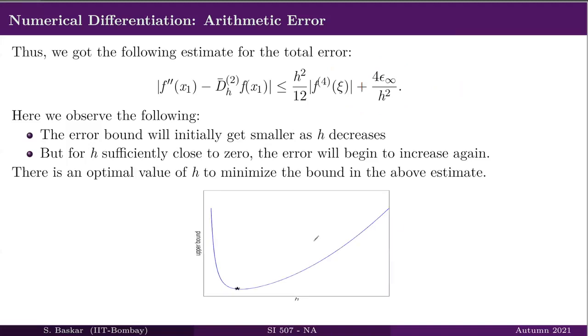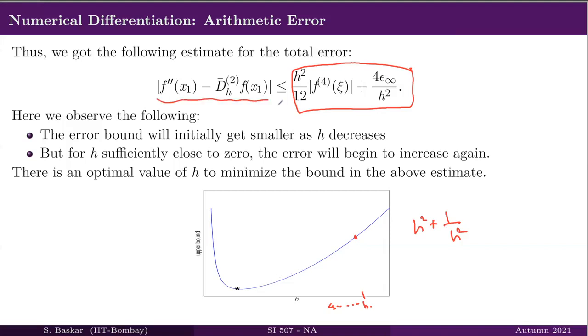So I'm just plotting the graph of this function, h square plus 1 by h square. Roughly, this is how this right hand side looks. So you can see that you take any h, your upper bound is something like this, and then you keep on decreasing your h. To some extent, your upper bound is nicely decreasing and looking as if it is going to 0, and therefore your total error is looking like it is going to 0.